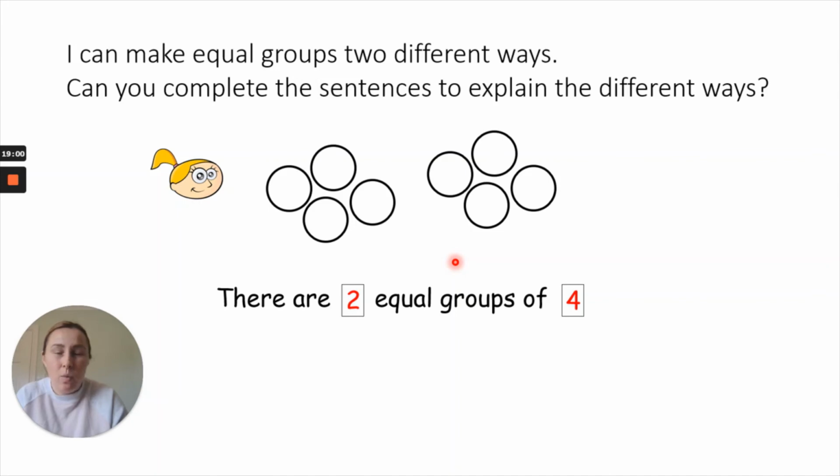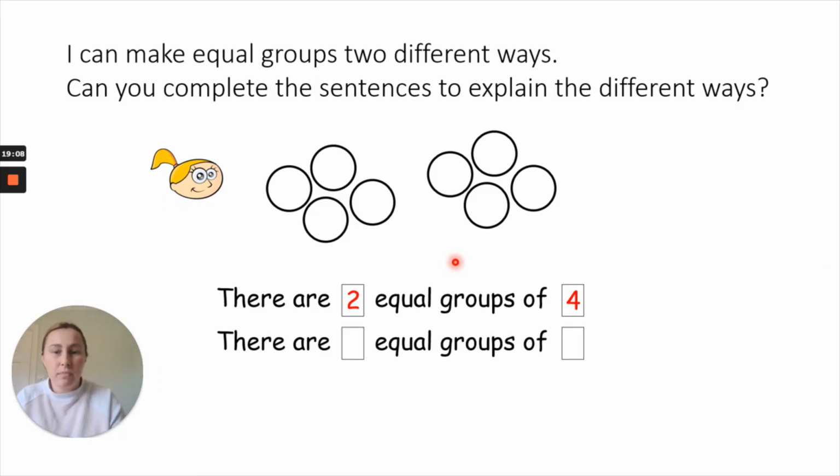I'm going to tell you the next sentence now, so if you're not sure and you need some more time, pause your video. So there are 4 groups of 2 counters, because we could sort these into 2s.